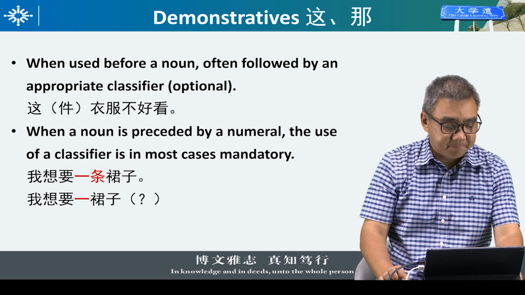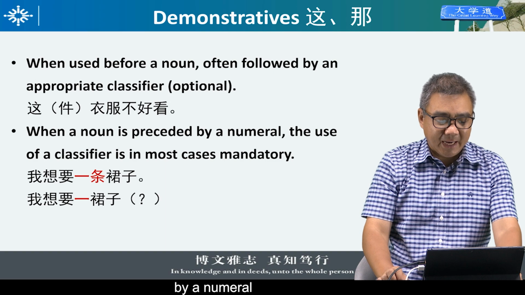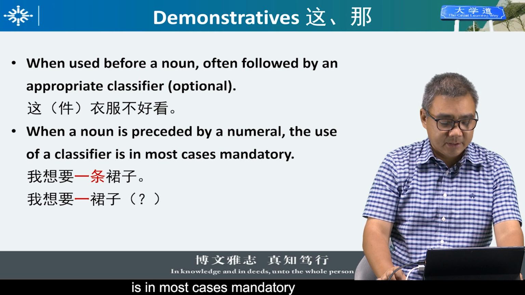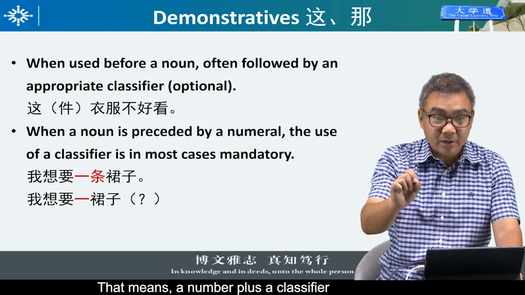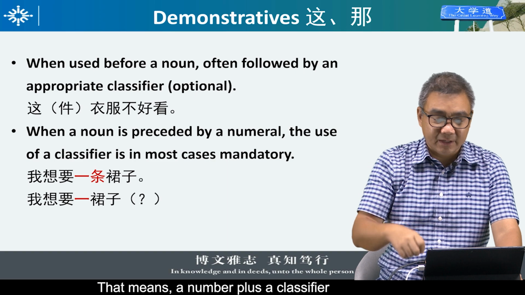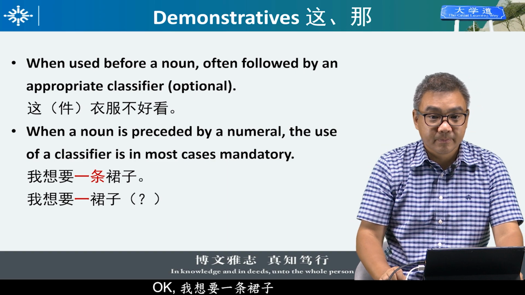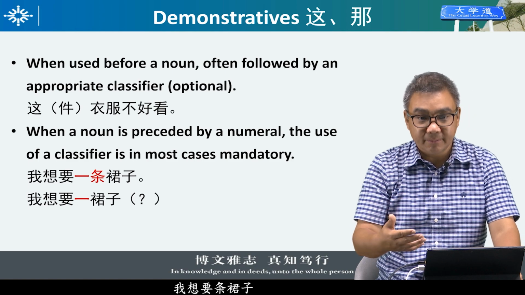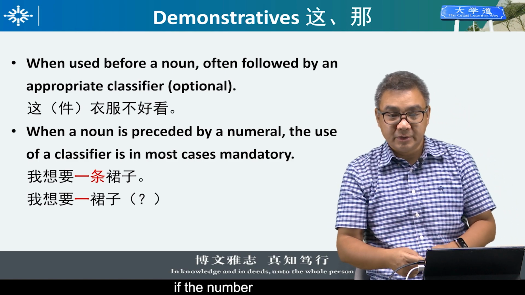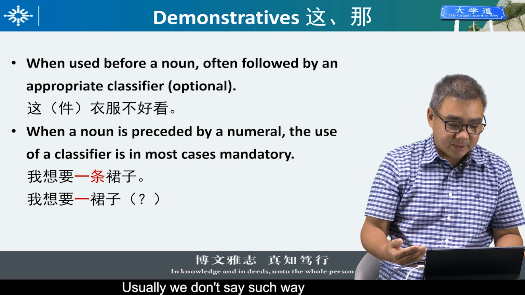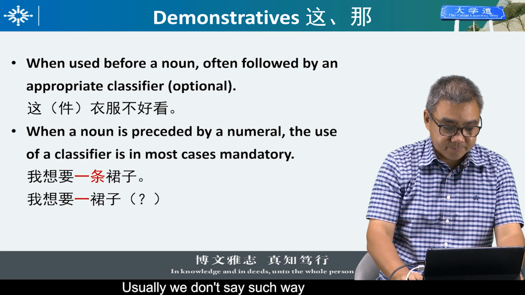Okay. And when a noun is preceded by a numeral, the use of the classifier is in most cases mandatory. So that means a number plus a classifier. This is a typical way. Okay. 我想要一条裙子. 我想要条裙子. Okay, also acceptable if the number is 1. 我想要一裙子. Usually we don't say such way.